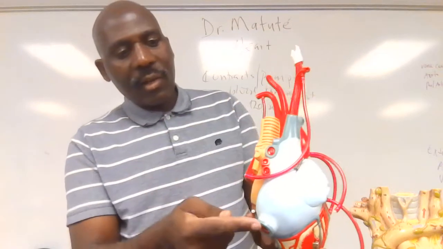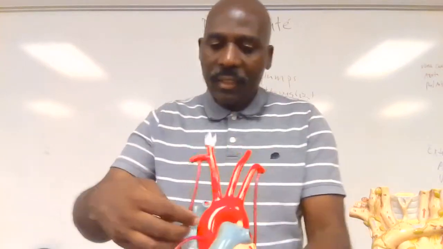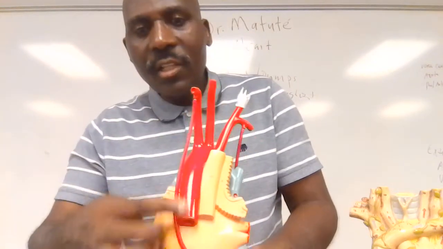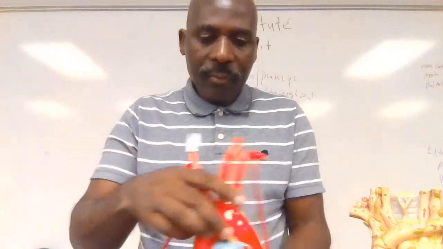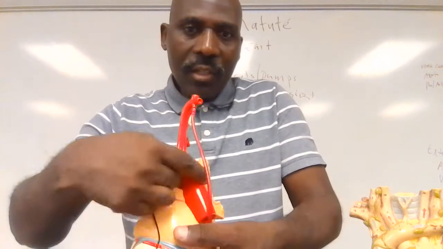Then over here, this is the aorta or the aortic arch. And here, this is the descending aorta.